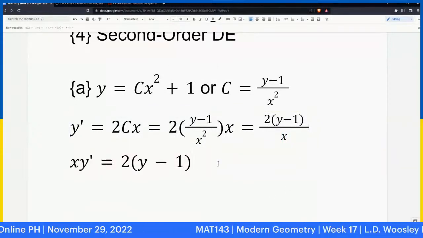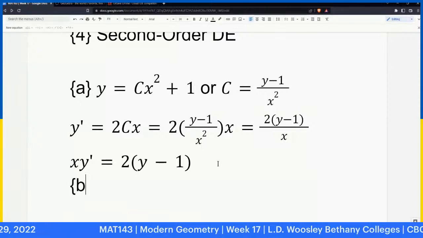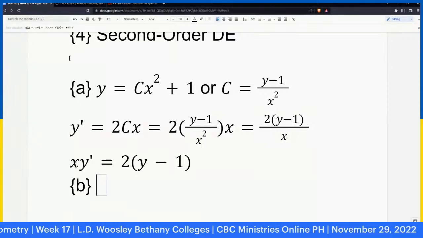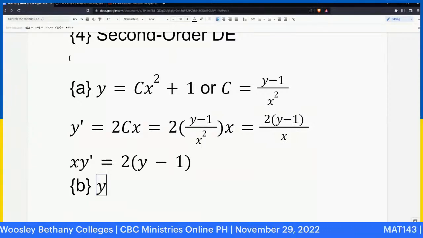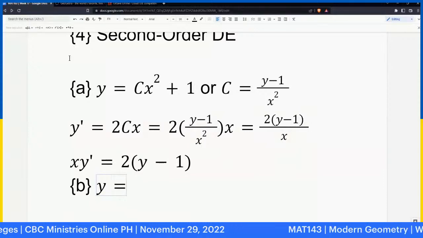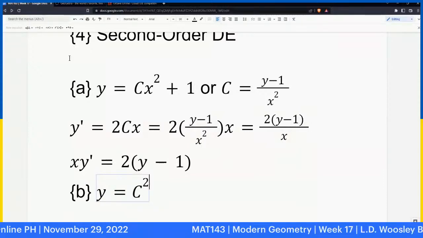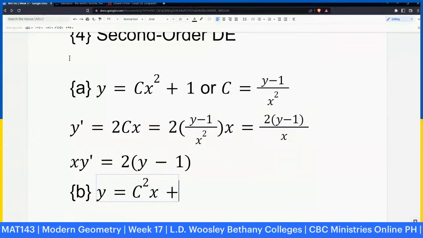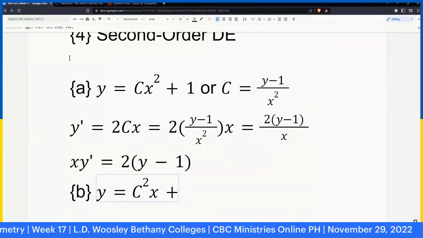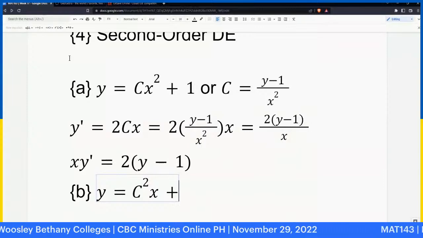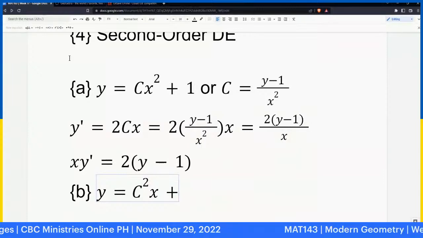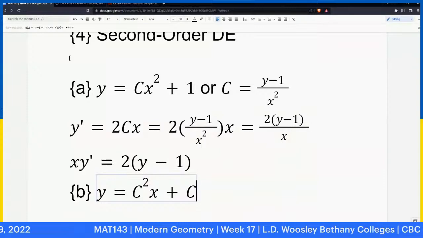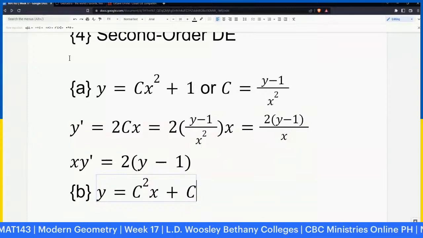Okay, sige. This time you do this example. Given this equation, it has only one constant, c pa rin.